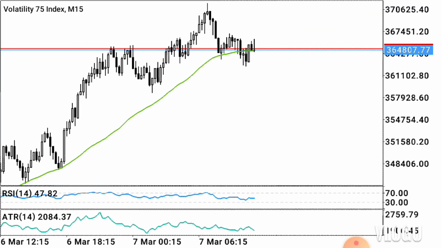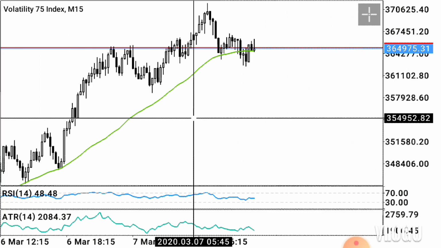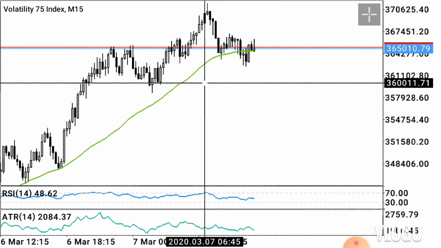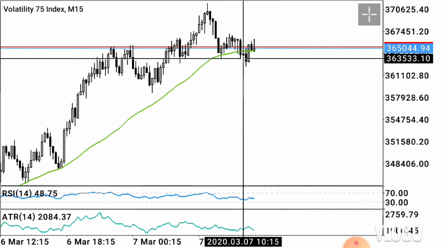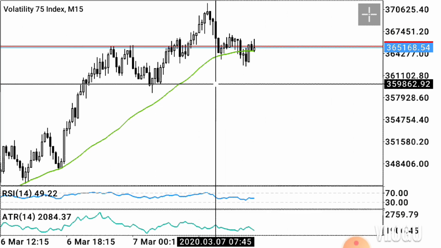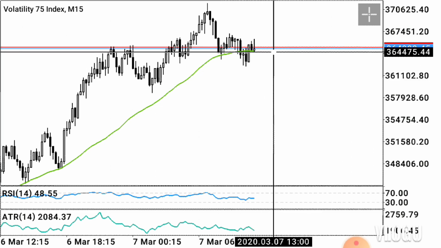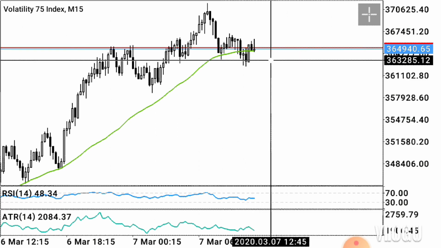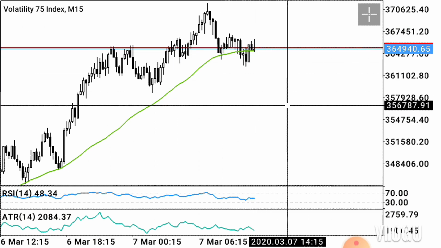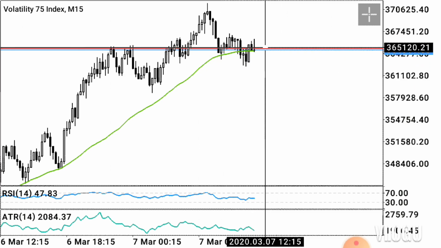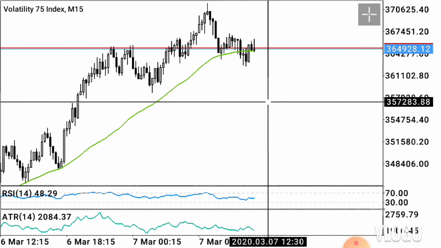As you can see, we're still holding, and I'm going to be adding more positions from this area. If price comes down and tests this 3598, I'm going to add. Or if this price doesn't break down my 50 EMA, I might be looking for more possible buys. So that's how easy and simple it is to trade VIX.